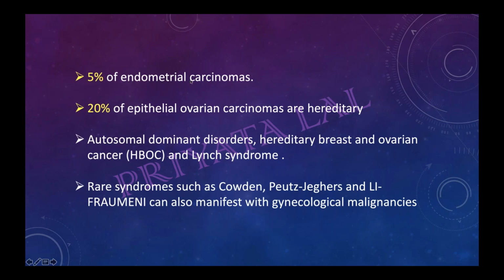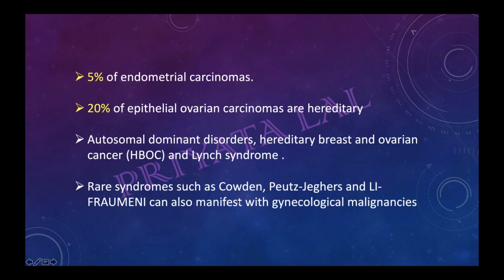5% of all endometrial cancers are hereditary, and 20% of epithelial ovarian cancers are hereditary. These two numbers are usually where the questions come from, so you have to remember them. Apart from this, there could be BRCA or hereditary breast and ovarian syndrome, and Lynch syndrome. Some rare syndromes are also there.